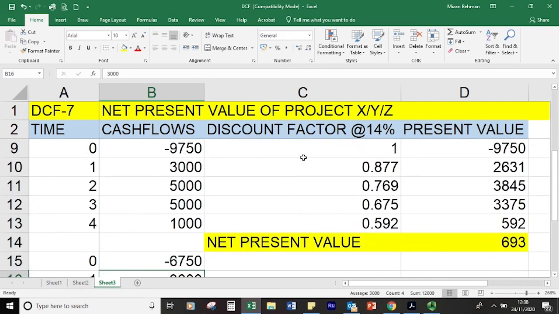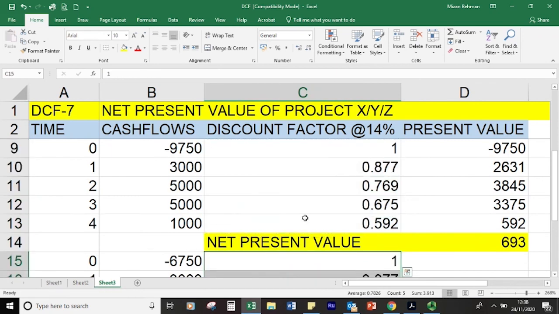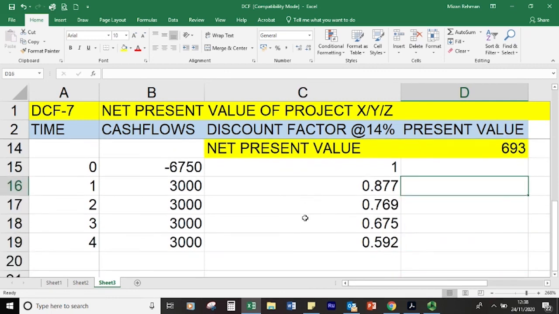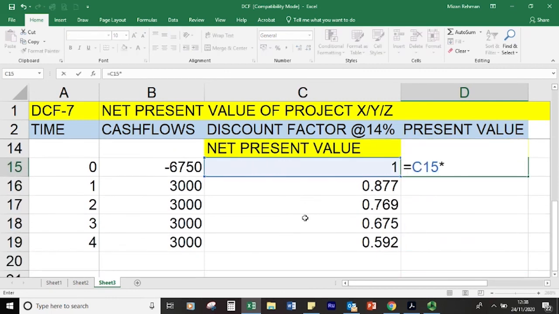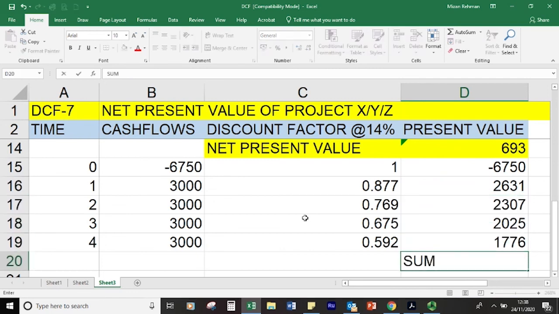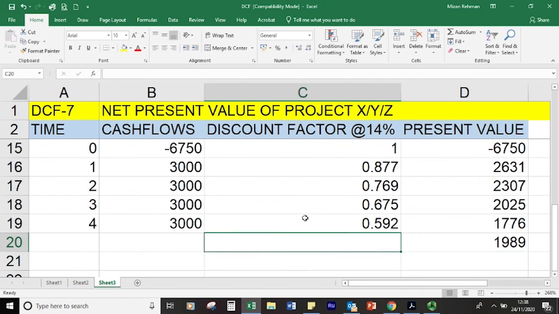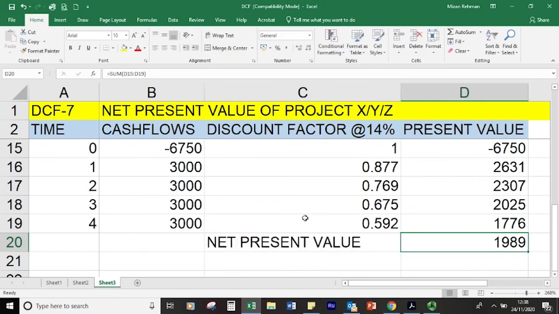Same cost of capital again, so let's just copy it, and same multiplication. Same copy and paste the formula, and summing up the present values, 1,989. The present value is 1,989.